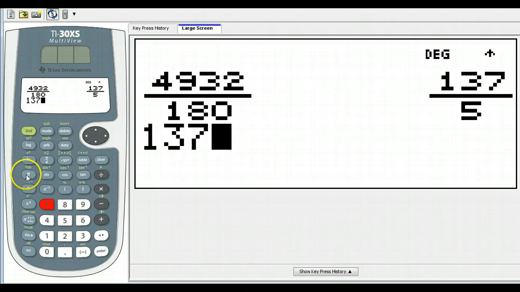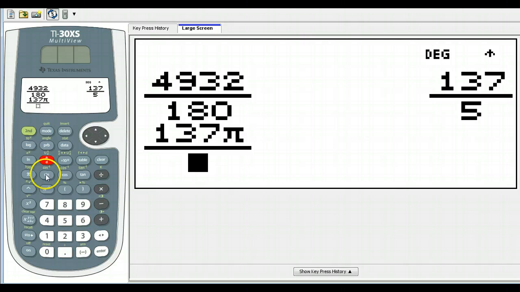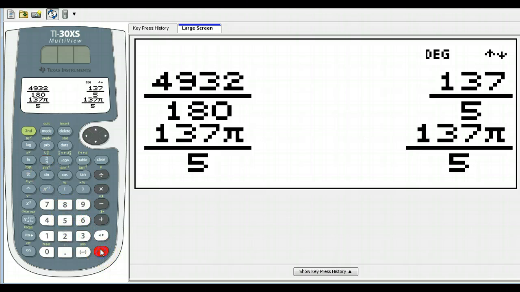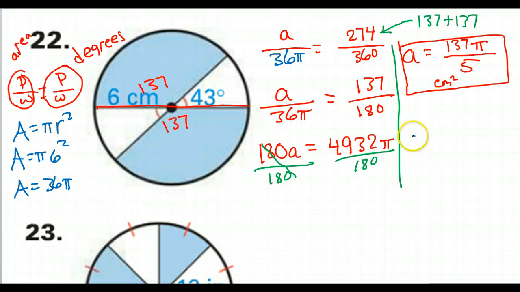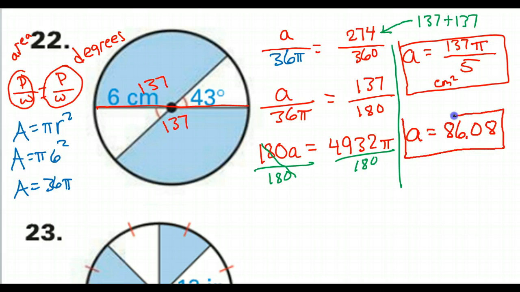So 137 pi over 5 is 86.08. Okay, so that should be the area of the sector, both sectors put together. Don't forget your units, square centimeters.